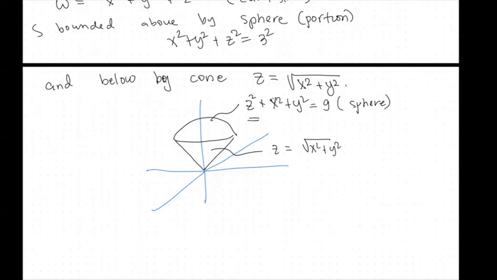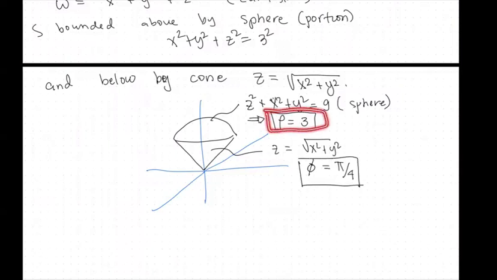So we will convert this into spherical. This means that this is bounded above by the sphere rho equal to 3. So this is the spherical conversion of this. And here, this is phi equal to pi over 4. Where did we get these two? We get these two from the derivation that I presented earlier.